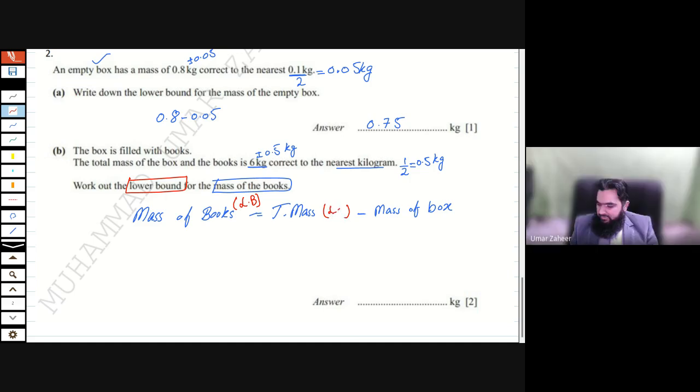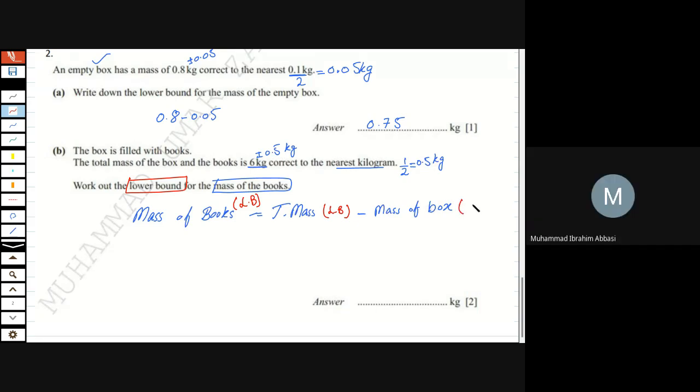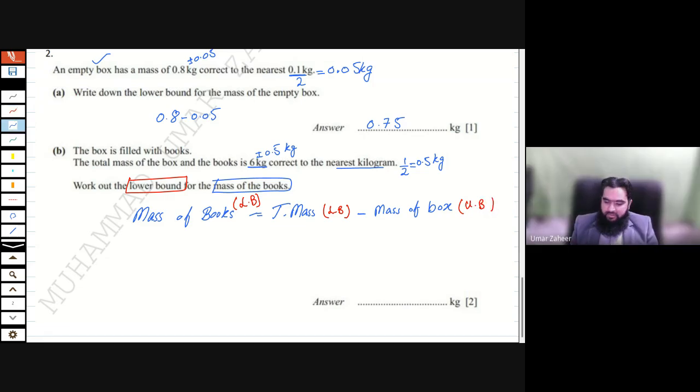And for the mass of the box, we need to take the upper bound or lower bound? Upper bound. Now that's it. This statement is basically now when you have to write lower bound, upper bound, that is from the bounds.